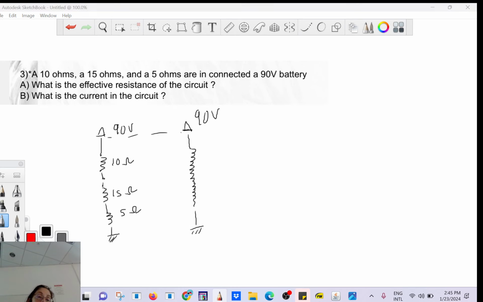So can you tell me what's the equivalent resistance here? 30? Do you all agree it's going to be 30? Ohm.